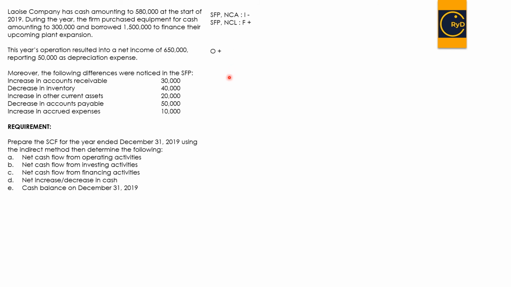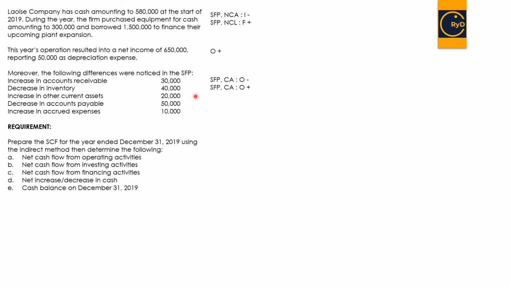Then next, let's analyze these differences. So for our increase in accounts receivable, this is a current asset, a deduction to our operating activity. Next, we have our decrease in inventory, an addition to our operating activity. Next, we have increase in other current assets.